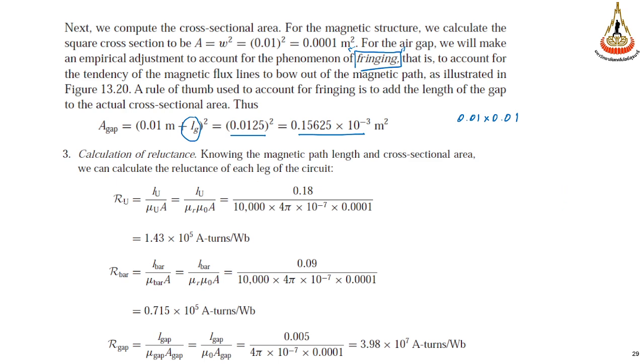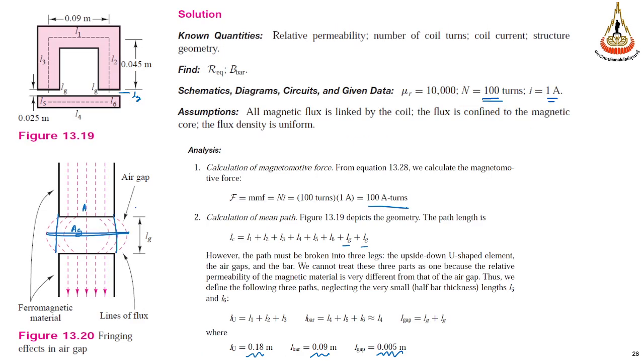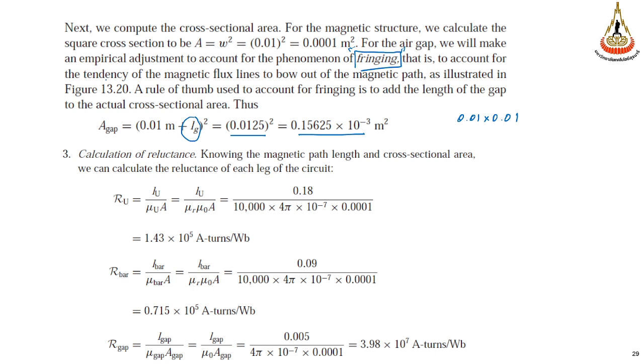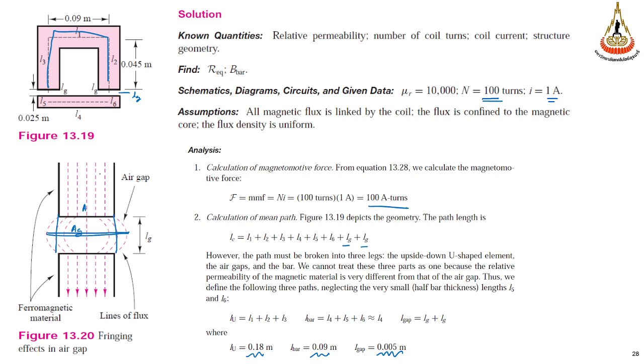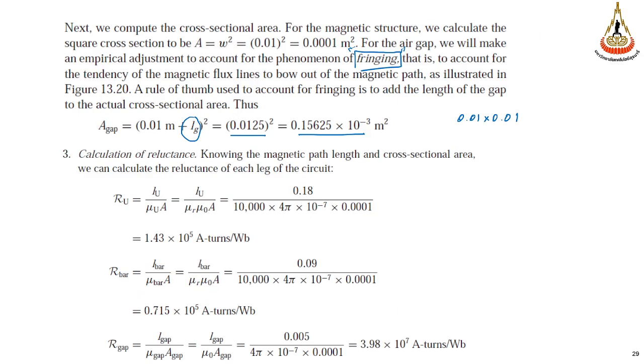So the reluctance of the U shape is 1.43 times 10 to the power 5, and the reluctance of the bar shape here, the lower part, we get 0.715 times 10 to the power 5.